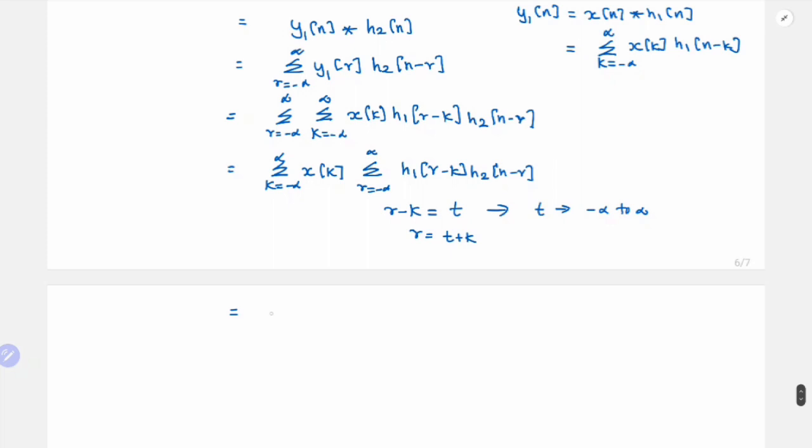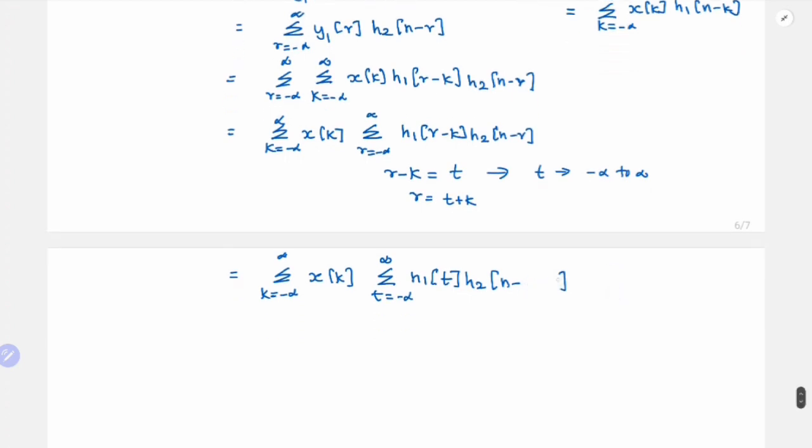So I will get summation k equal to minus infinity to infinity, x of k, summation t equal to minus infinity to infinity, h1 of t, and h2 of n minus r, where r is nothing but t plus k. So I'll get n minus t minus k, and I can write it as n minus k minus t.